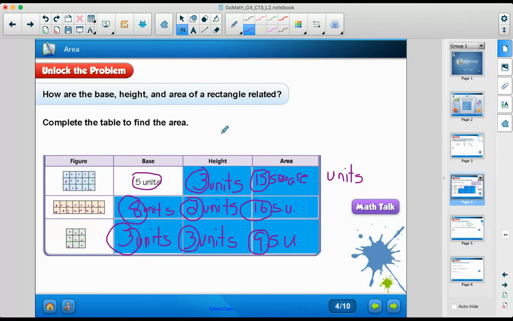So to find area, area equals base times height. This is much easier to calculate instead of counting all the boxes inside a figure. Let's go to the next page.